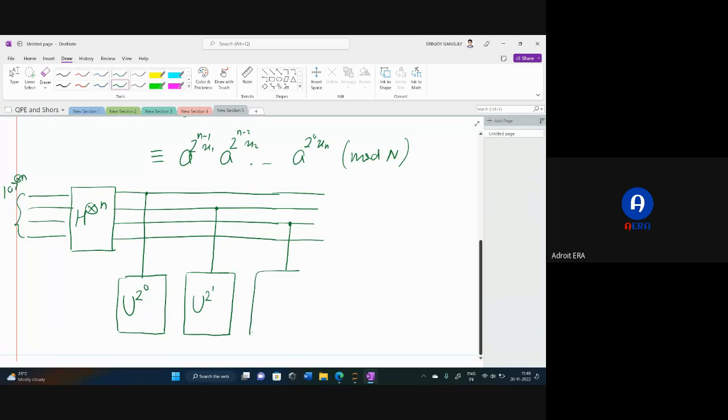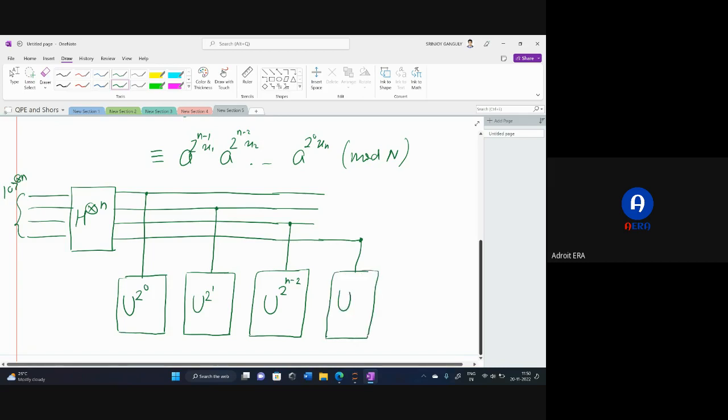This is just a general circuit. It will go on, U^(2^(n-2)) and U^(2^(n-1)). It will go till 2^(n-1) here. This one, the fourth one, U^(2^(n-1)). And also you have the second register.